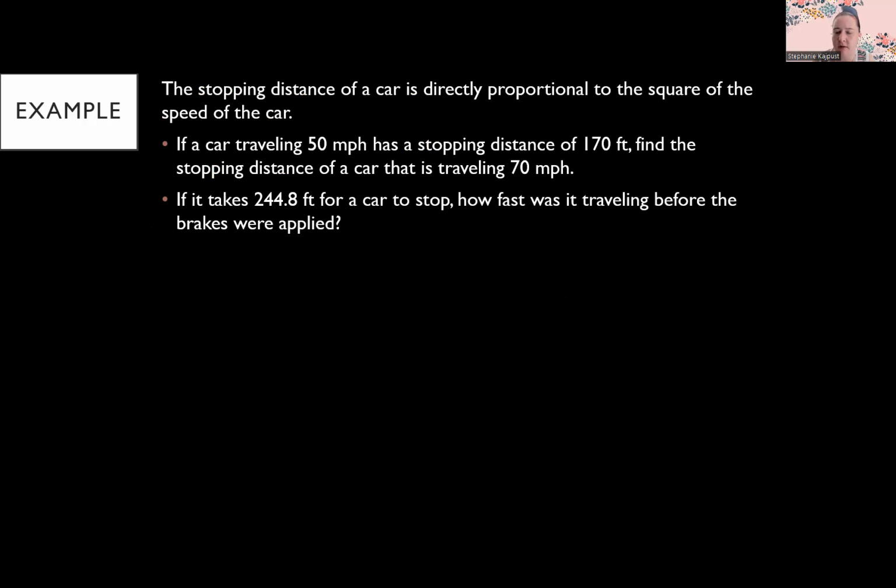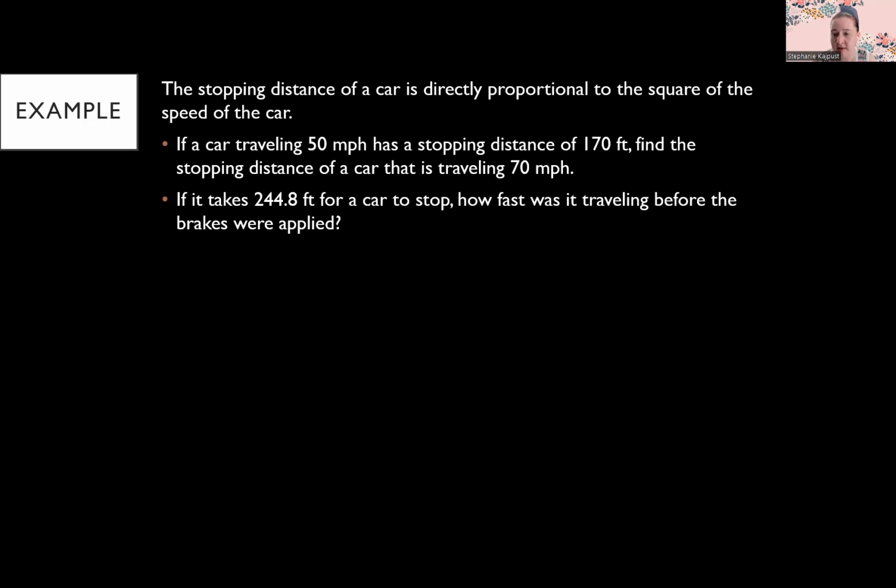We've got the stopping distance of a car is directly proportional to the square of the speed of the car. So that's our first sentence. That's what you're going to be using to create the model. Then we've got, if a car traveling 50 miles per hour has a stopping distance of 170 feet, find the stopping distance of a car that is traveling 70 miles per hour.